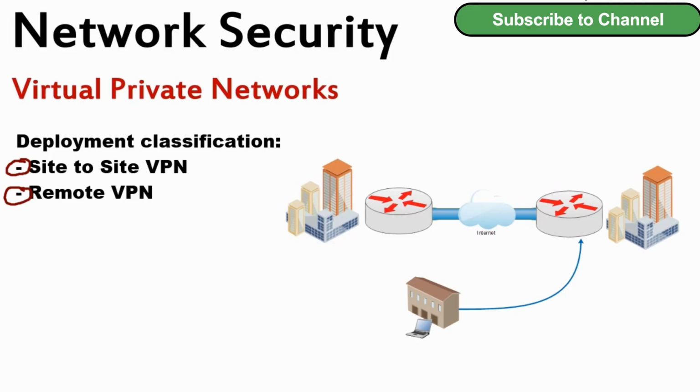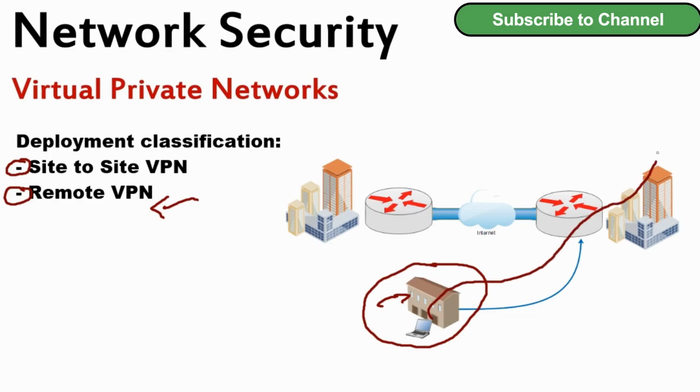The second type of VPN is a remote VPN. It is over here. In this case, we are at home. What we want to do is connect to a server that is over here.